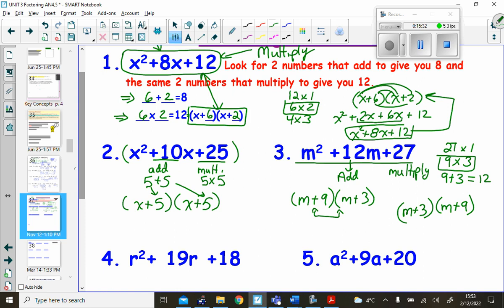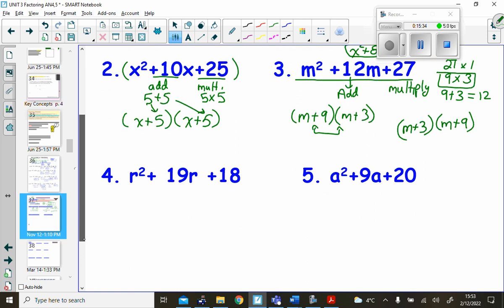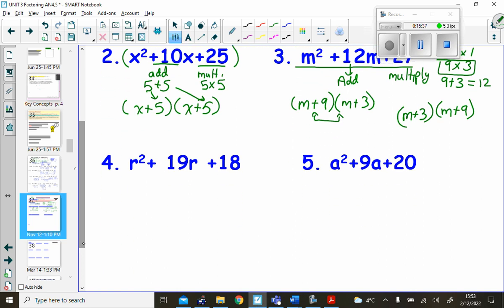A couple more. Again, r squared plus 19r plus 18. What multiplies to give the last thing?